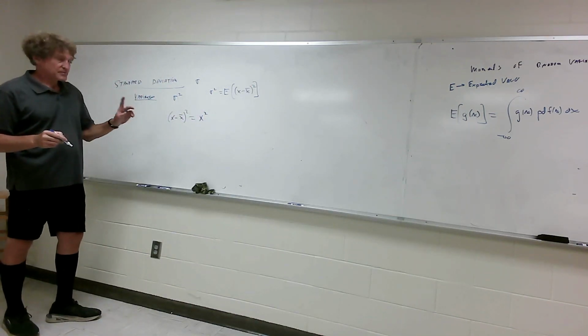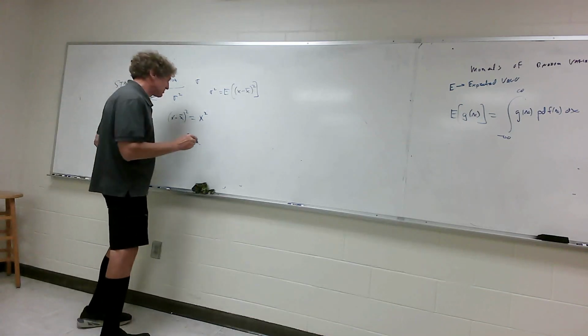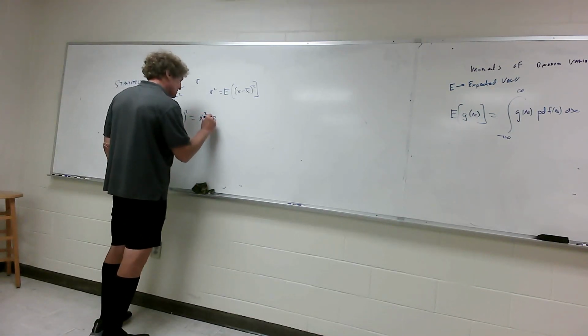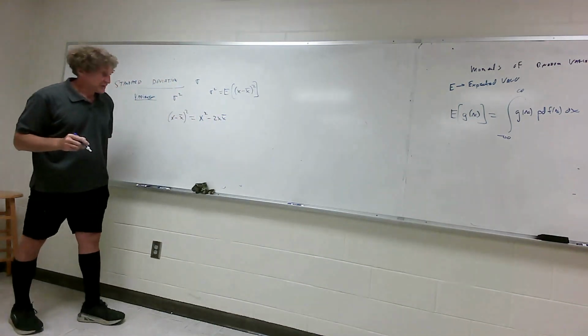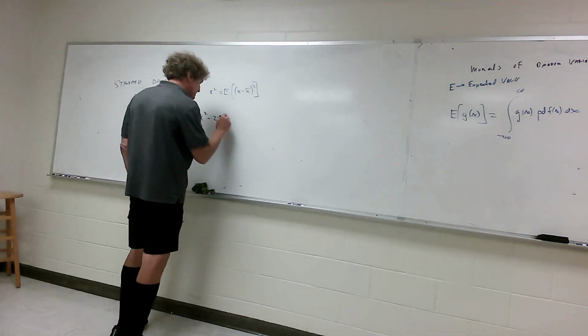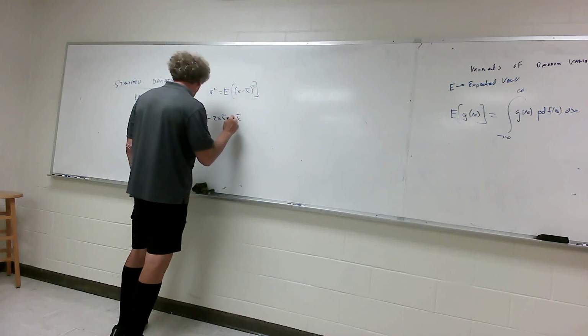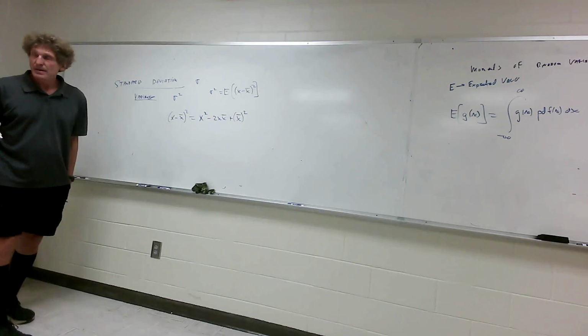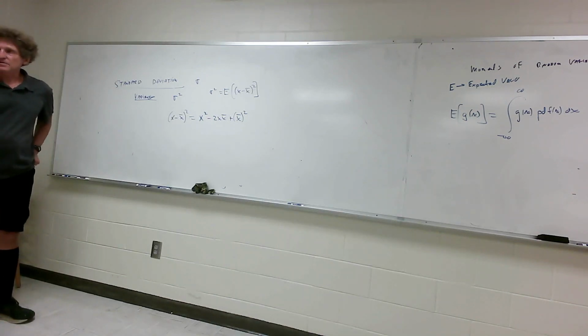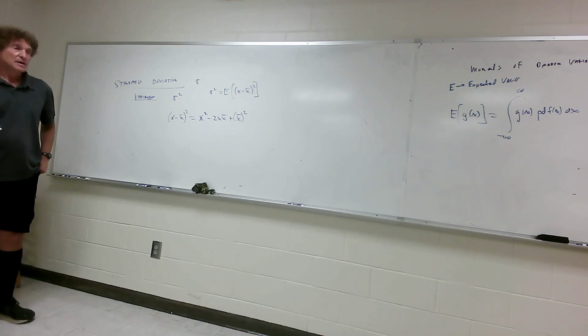Then I'm going to have 2 times x bar, only with the minus sign. So it's minus 2 times x bar, and finally, you're going to have what? Plus x bar squared. Just take a moment. I know I'm throwing a lot at you, but I think it's going to be okay. I think you'll get this. You with me, class? I'm just squaring that.